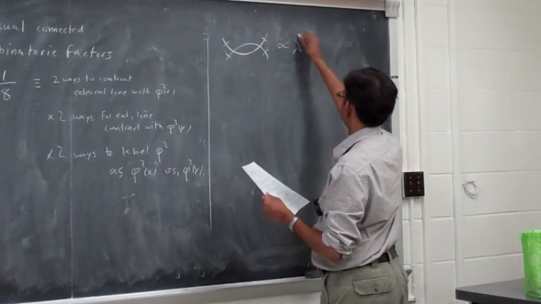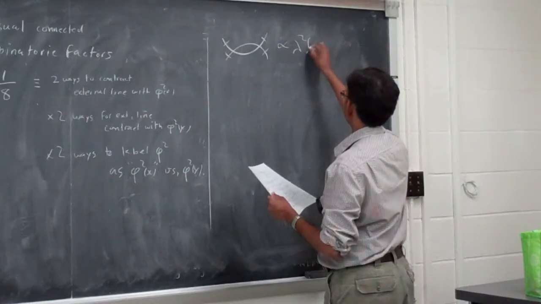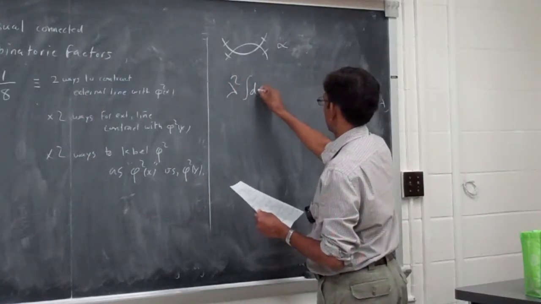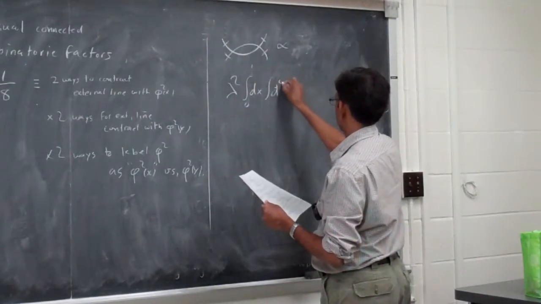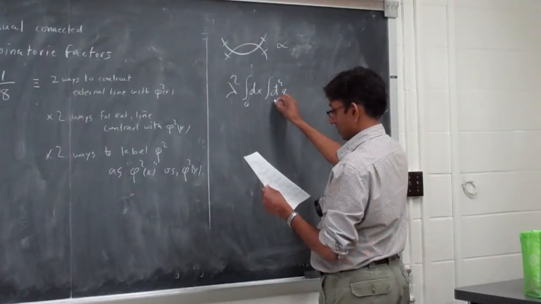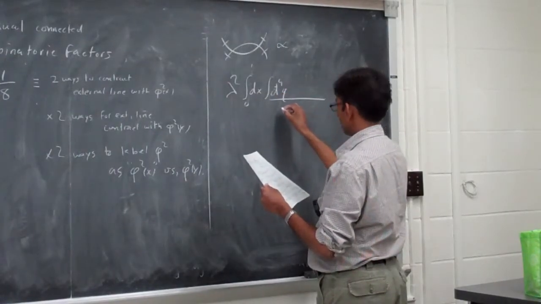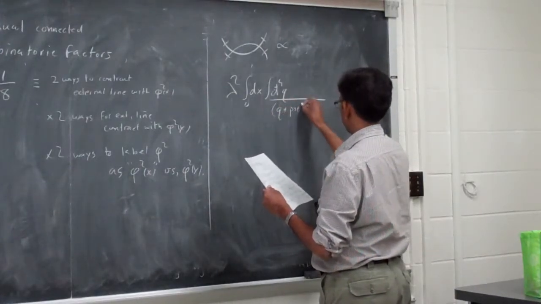Okay, so this thing is at least proportional to where we were the other day, which is something of order lambda squared. I want to at least recognize that it happens in second order. Integral lambda squared, integral dx, Feynman x from 0 to 1, integral d4q, so we have this representation.